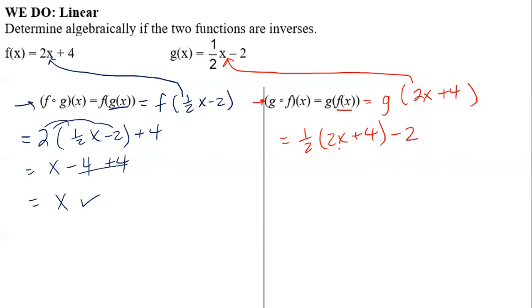So I literally am just substituting it in. I'm going to distribute 1/2 times 2, 1/2 times 4. Half of 2 is 1, half of 4 is 2, minus 2, plus 2, negative 2, cancels out, equals 0, and bam, I get x for both.